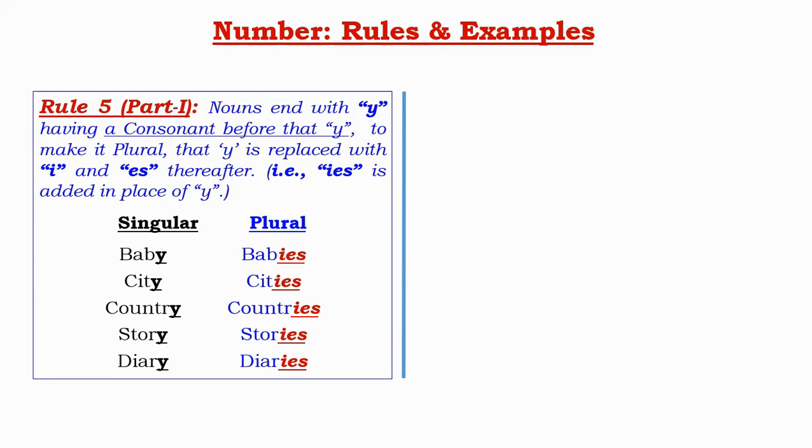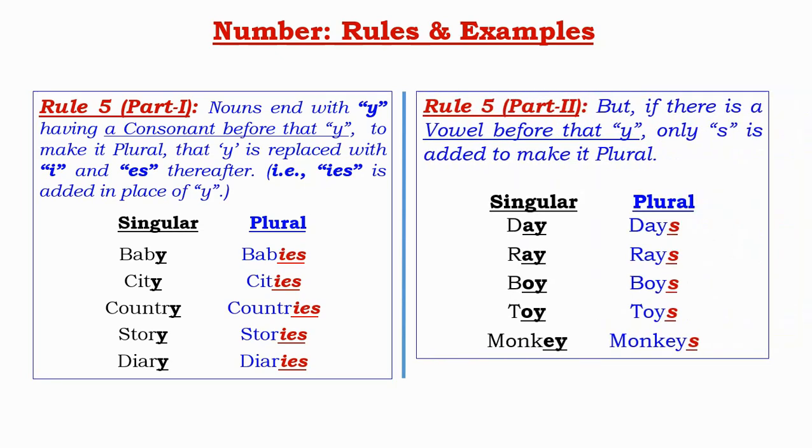That is, ies is added in place of y, such as baby becomes babies, city becomes cities, country becomes countries, etc. The other part of the same rule, that is rule number 5, part 2, says that if the final y comes just after a vowel, plural is formed by only adding s to the singular, such as day becomes days, ray becomes rays, boy becomes boys.